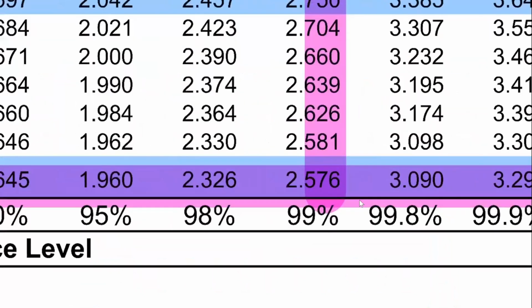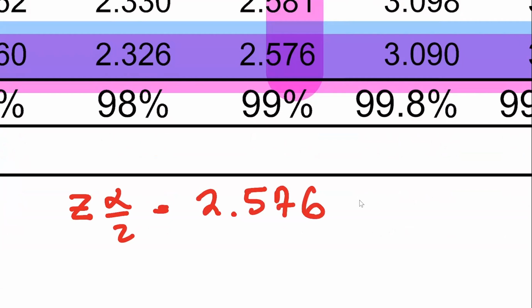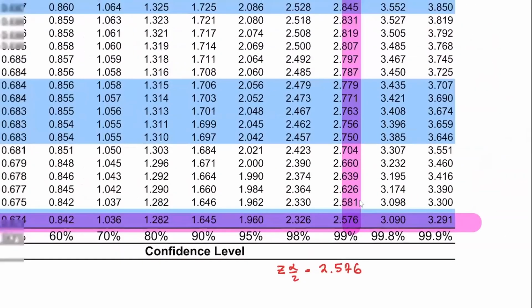So if you look at where they intercept, 2.576. So we get Z of alpha divided by 2 is equal to 2.576. And that's it. All right. Any question on how I got 2.576?